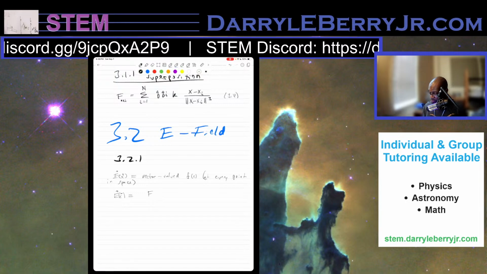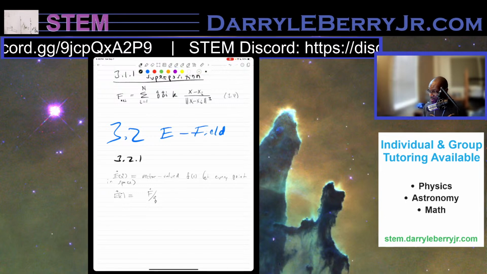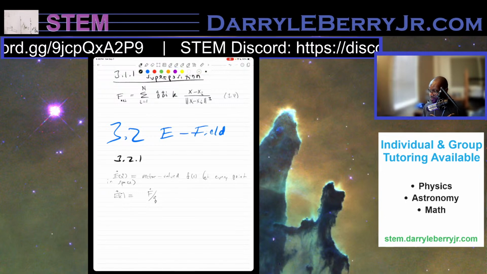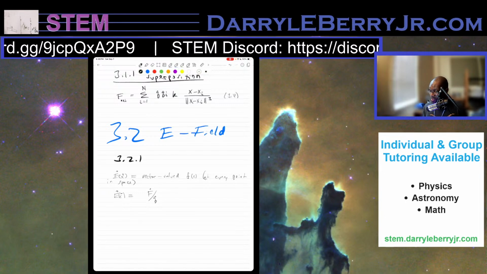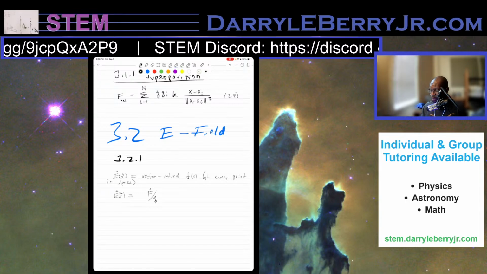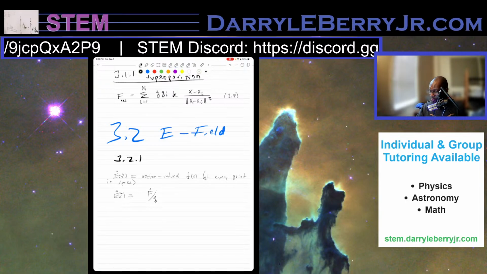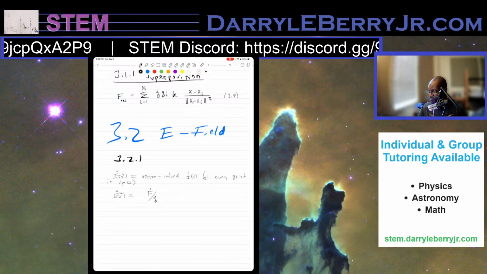The force per unit charge is the force that will be exerted on a small test charge, Q, if it were located at x, in the limit as Q approaches 0.